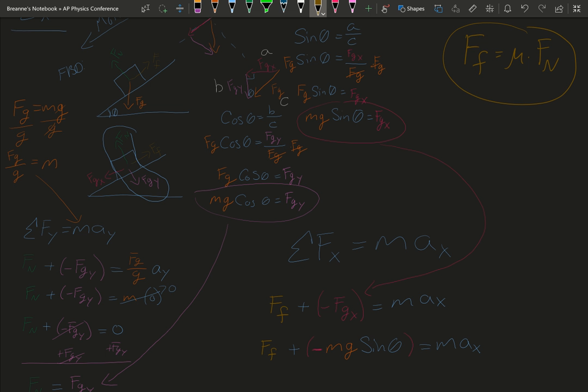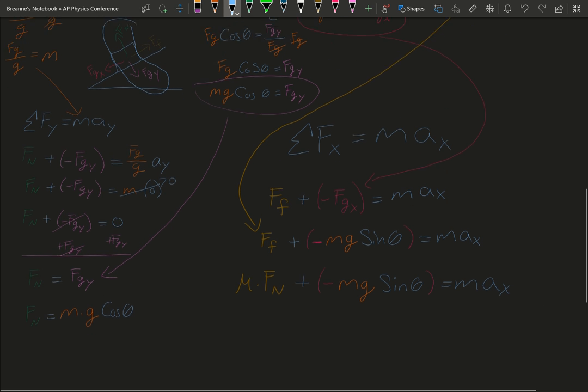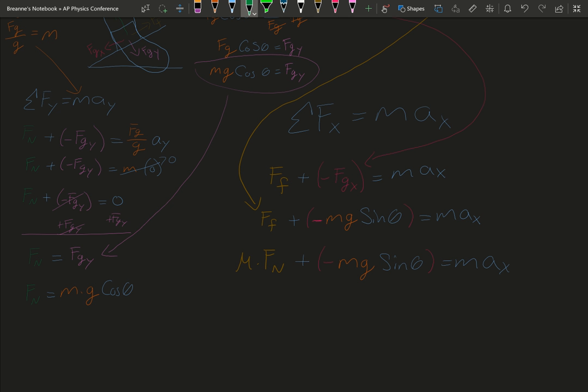So we can take that equation and plug it in. So that'd be mu times normal force plus mass times acceleration due to gravity times sine theta equaling mass times acceleration in the x. And we know what normal force equals, so we can plug that in.